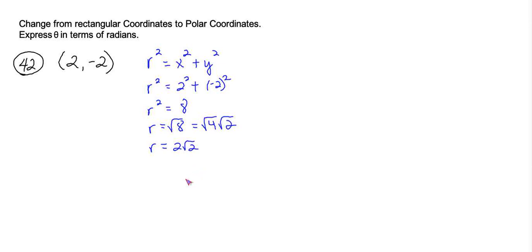Now, next we want to find theta. So to find theta, recall that tangent of theta is equal to y over x. So in this problem, tangent of theta is equal to y is negative 2 and x is positive 2. So that gives me negative 1.